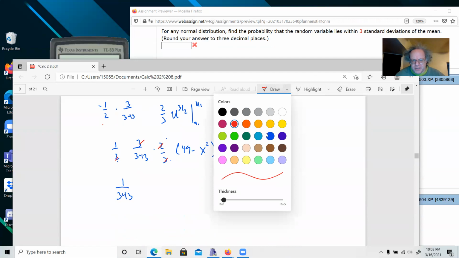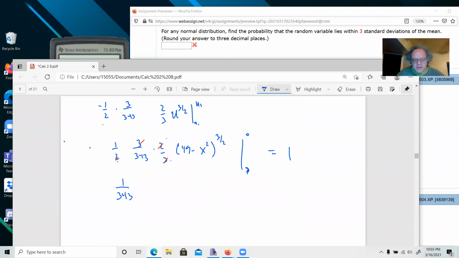And now we have to deal with 49 minus 0 to the 3/2 minus 49 minus 7 squared to the 3/2. 7 squared is 49. 49 minus 49 is 0. So this is 1 over 343 times 49 to the 3/2.